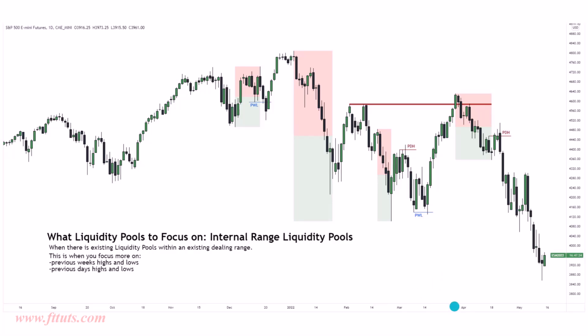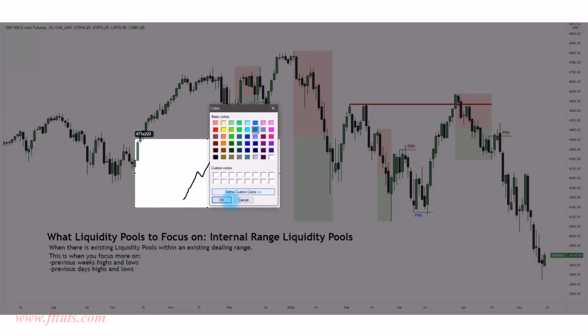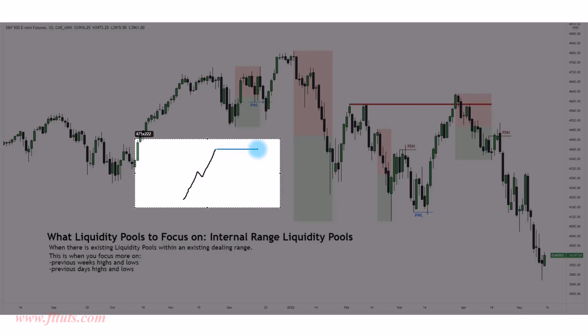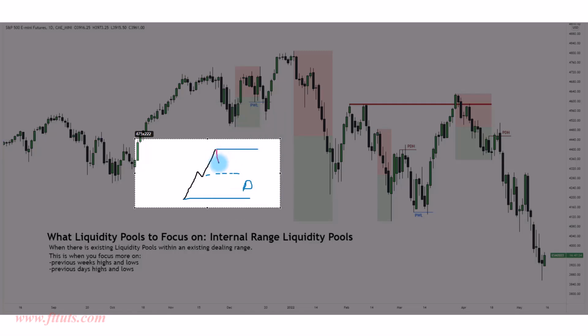You can also use liquidity pools when focusing on internal range liquidity. Internal range liquidity is when price has a trading range like this, and we're seeking a discount market, for instance. This is when price seeks internal range liquidity rather than external range liquidity.